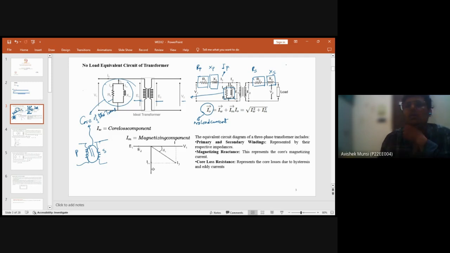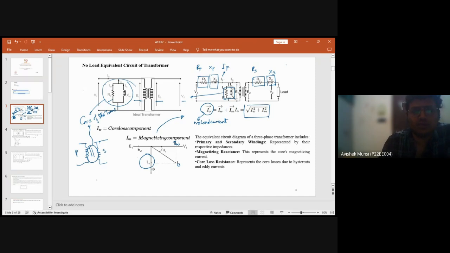And if you consider it in terms of the core loss current and the magnetizing current, then you can write it as the phasor sum of I naught square plus Im square, from this diagram you can see. So this is basically the magnetizing component of the current I naught, and this is the non-magnetizing component. This is basically due to the core loss component and other losses we can find in the transformer.